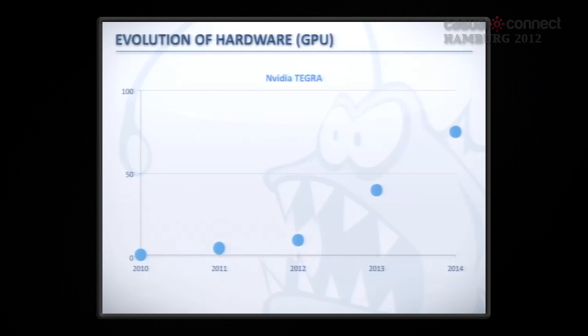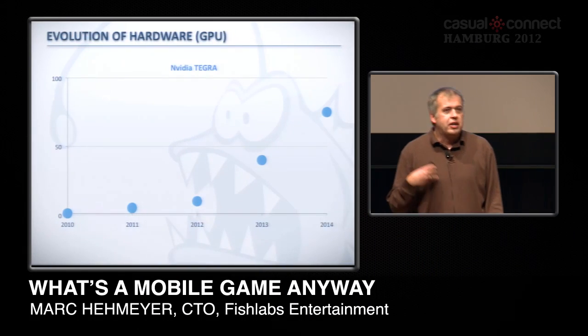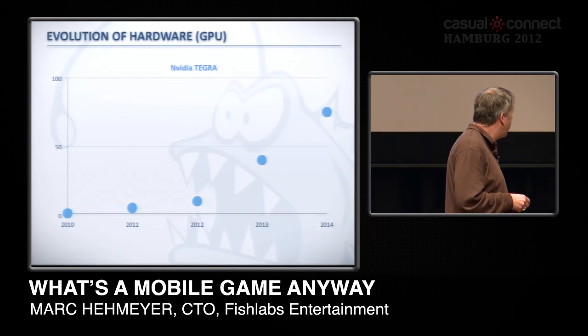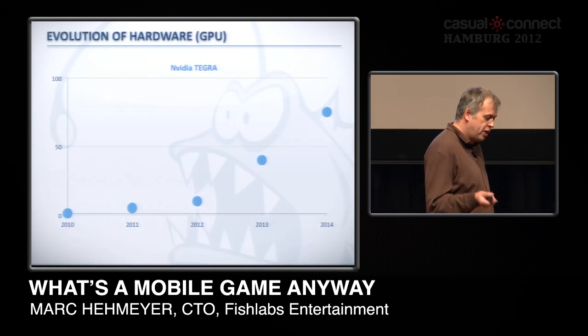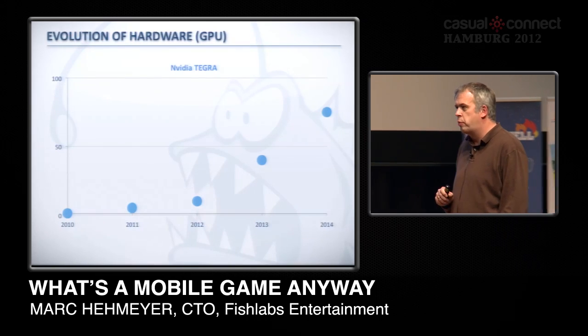This is a multiplier of 1, and they want to achieve a 75 times multiple in performance in 2014, with the same power consumption. And this is crucial for mobile devices.